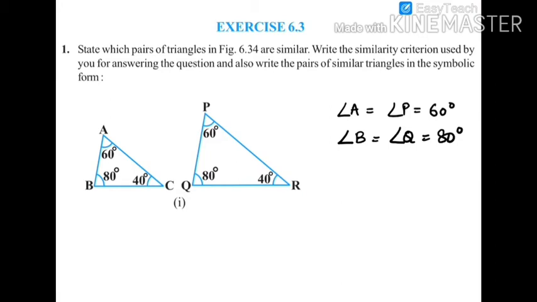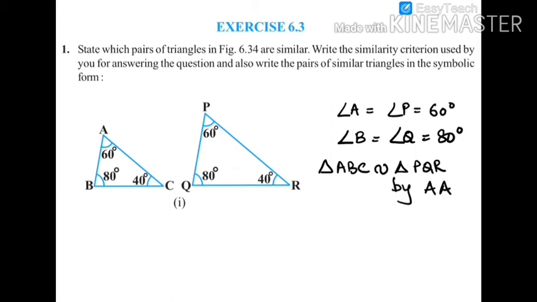Now we don't need to write the third angle because we know that the third angle in both the triangles will be equal by angle sum property. So in symbolic form we can write triangle ABC is similar to triangle PQR by angle criteria.